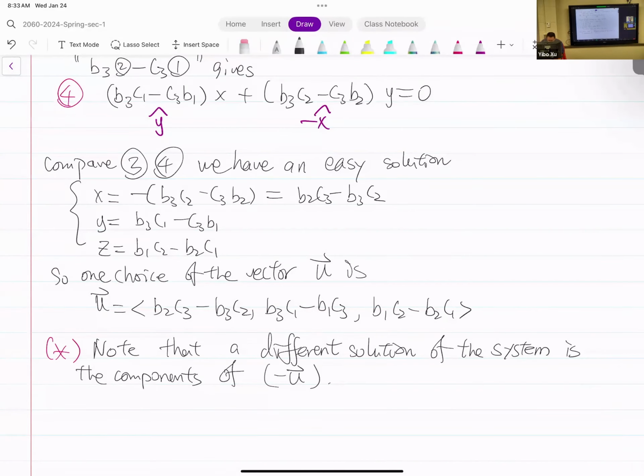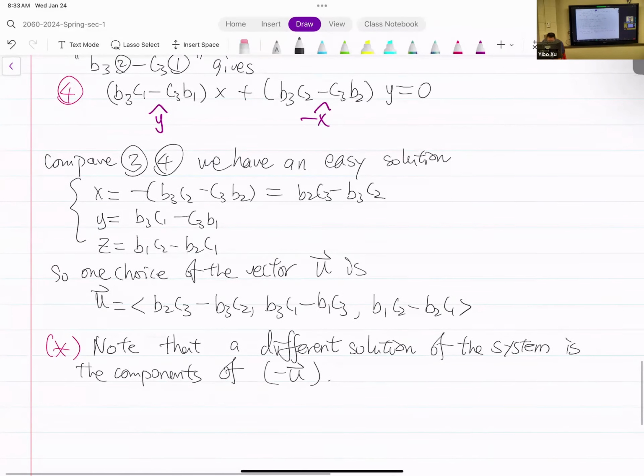So that's why we have a right-handed or left-handed coordinate system that we start with. But to write it down, here is the definition.